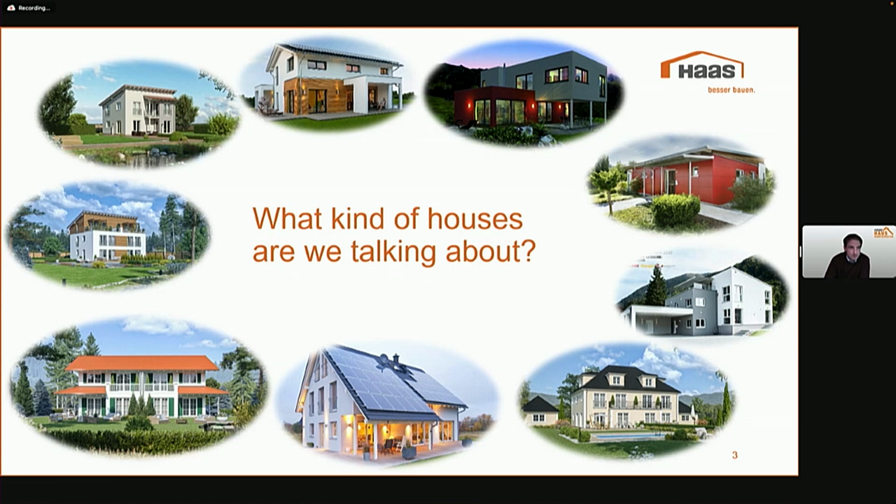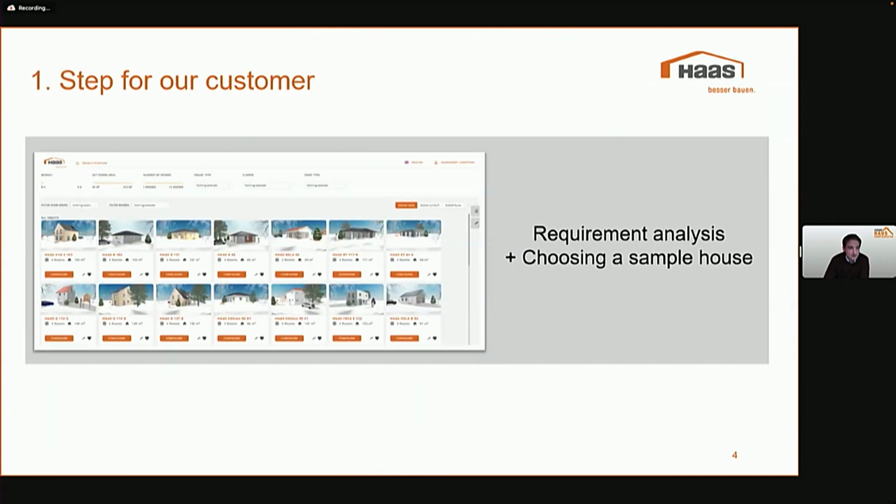The first step for a customer in the configurator is that he starts with the requirement analysis. This requirement analysis works right now with filters, and he can select with different filters, and then he sees the result: different houses on the slides or online.